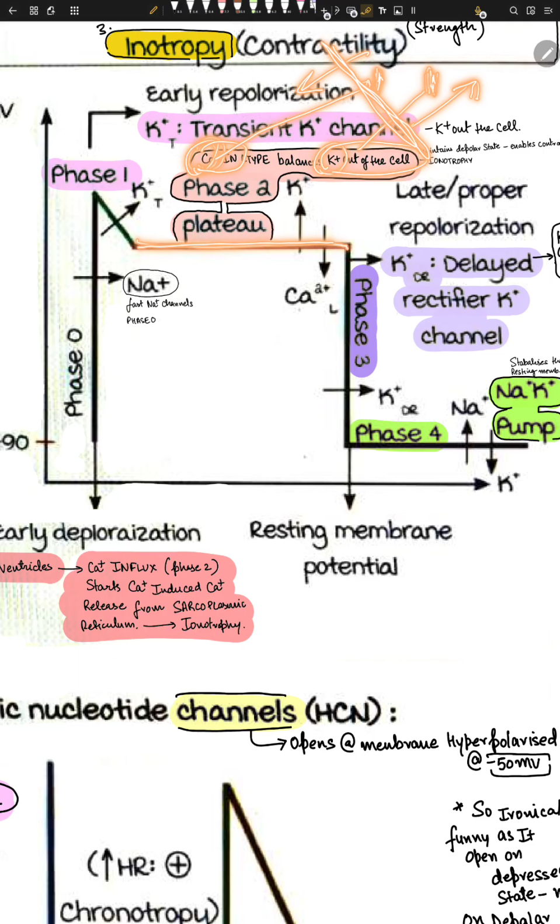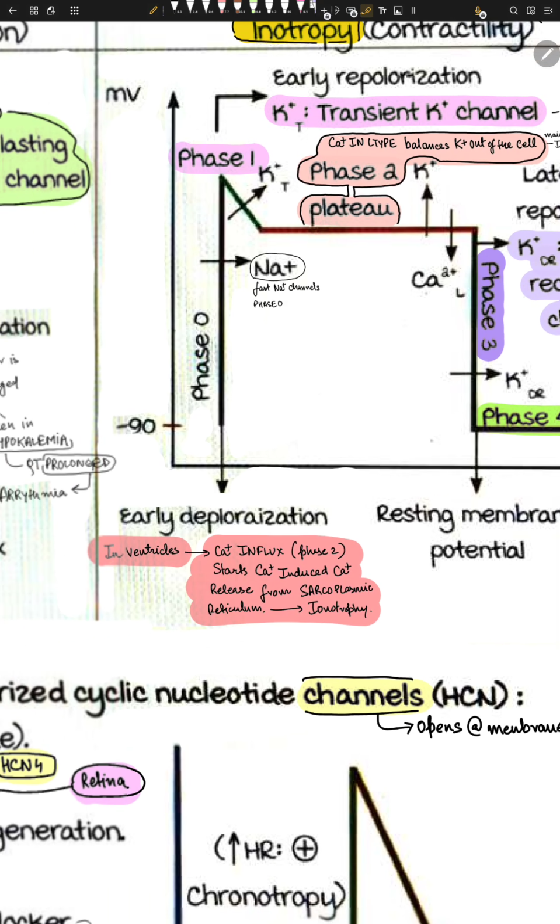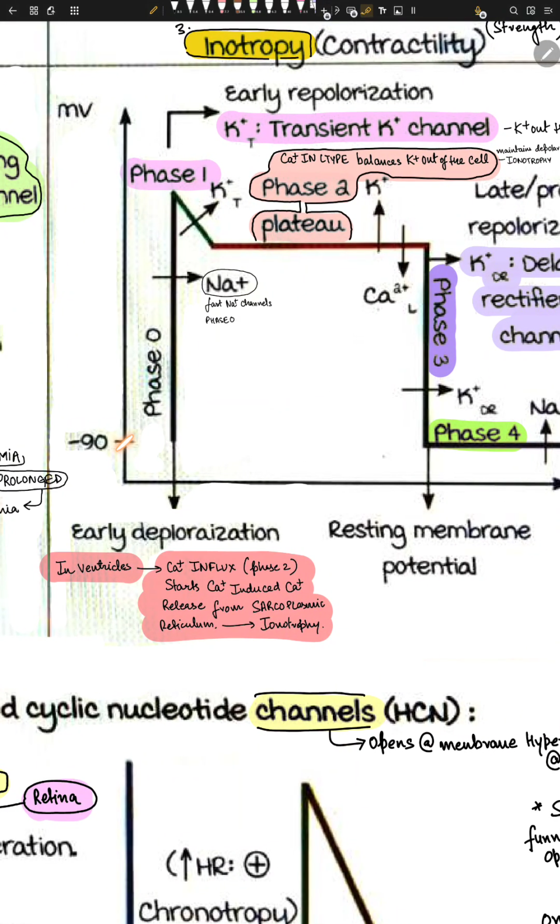So as you can see, we are literally just staying at the same RMP, okay? Because here, this is minus 90. Here, you can see this is the depolarized state. Here is minus 90, and here is a little bit repolarized state.